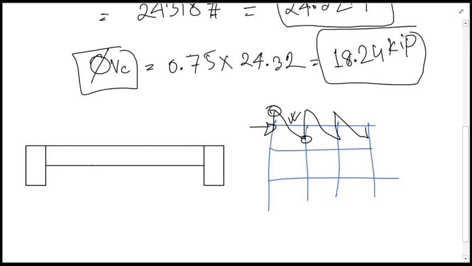Whatever it is, this is the beam. The diagram we are drawing is actually this portion, that is the clear span portion. We are drawing this diagram in the clear span portion.